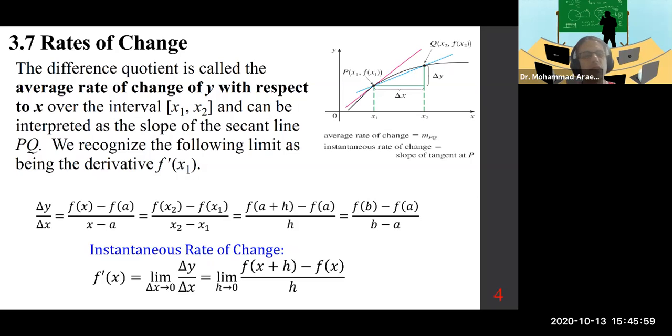And again, when we look at the graph, we can see the average rate of change of y with respect to x represents the slope of a secant line PQ in blue. And then the instantaneous rate of change represents the slope of a tangent line, the red line. That's the idea.